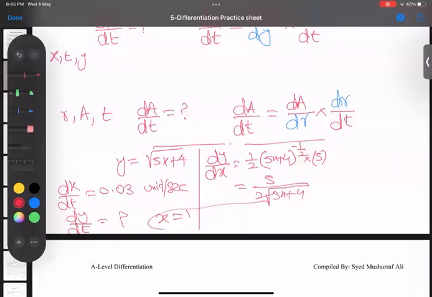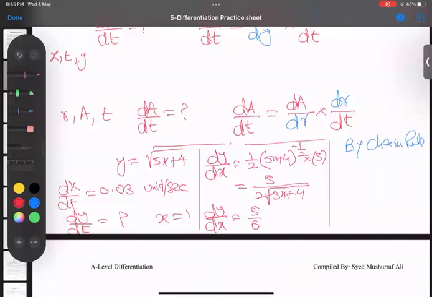Now I say when x is 1, so I plug in 1 here. So dy over dx, when I plug in 1, 5 plus 4 is 9, the root of 9 is 3, and 2 times 3 is 6. So I'm getting 5 over 6. And now I'm writing here, by chain rule.